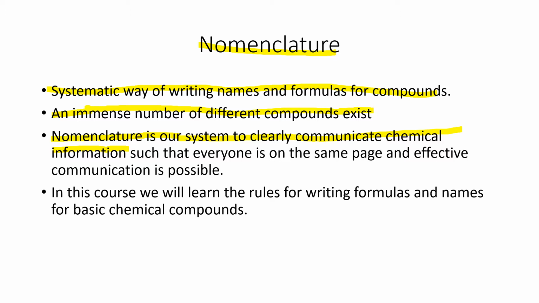Everyone has to understand that the same words mean the same things. Without that, it's very tough to communicate effectively, whether in regular spoken language or to convey scientific knowledge. So in this course, we'll learn the rules for writing formulas and names for basic chemical compounds.